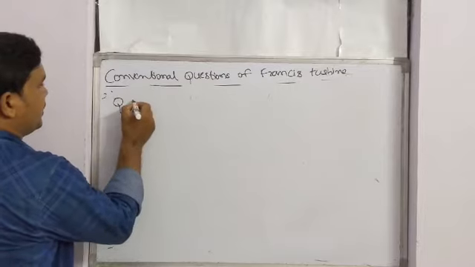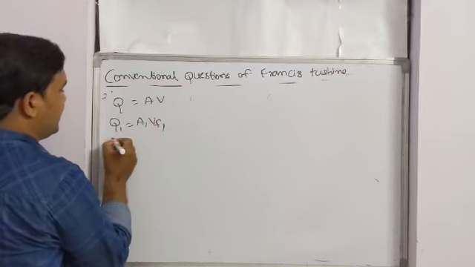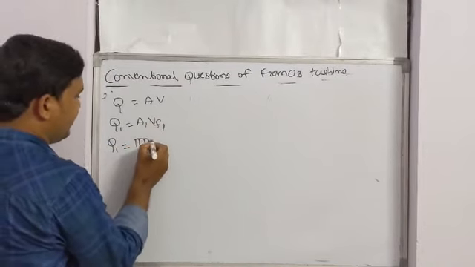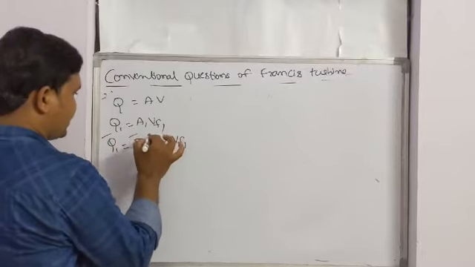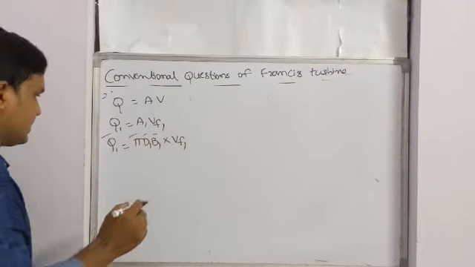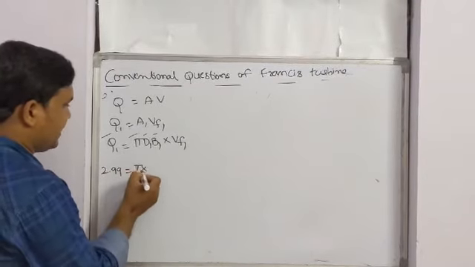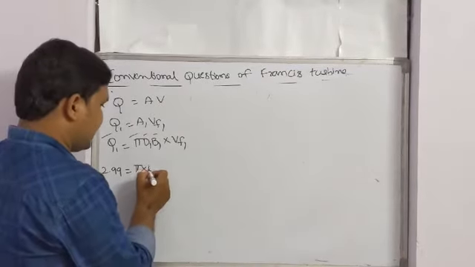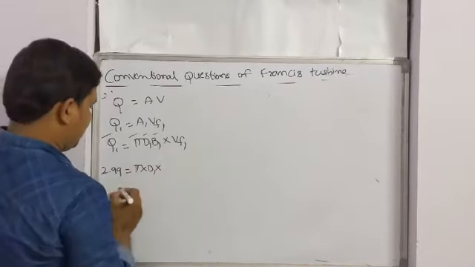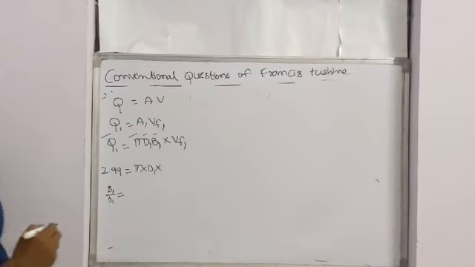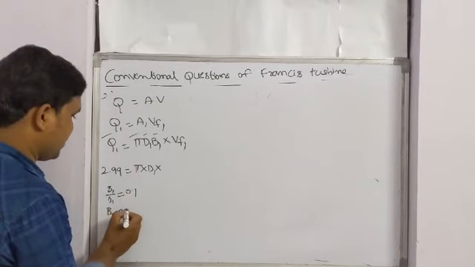Q is 2.99 into pi, d1 is not given, but the relation b1 by d1 is given as 0.1, so b1 is equal to 0.1 times d1.